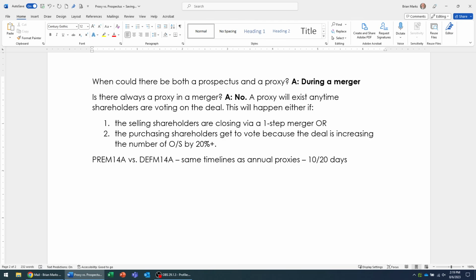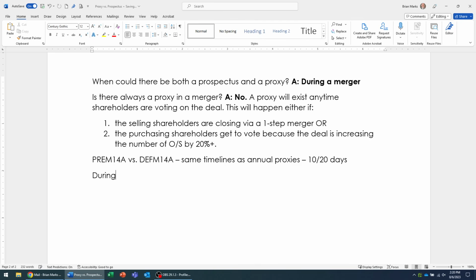Now here's where things get a little tricky. We talked a second ago, a prospectus is anytime you're registering securities. There is also, though, the SEC has decided that in the context of a merger, they have a crazy use of the term prospectus.